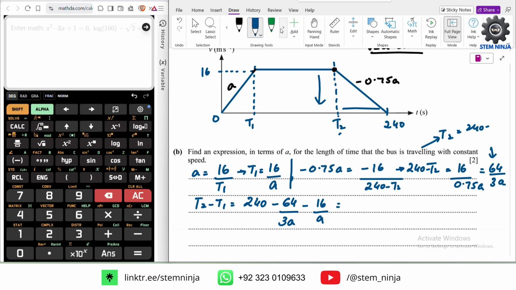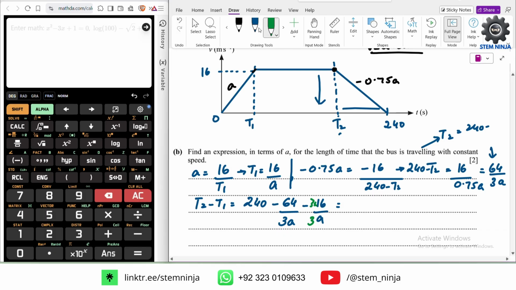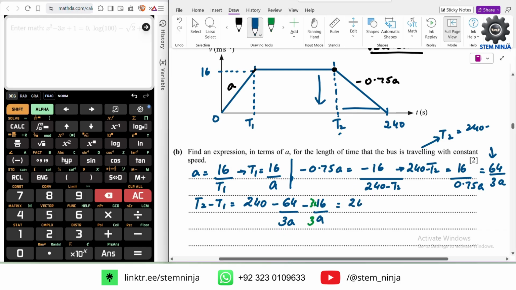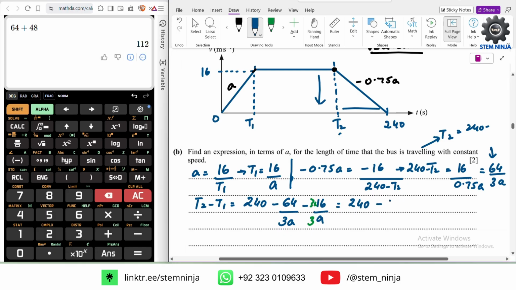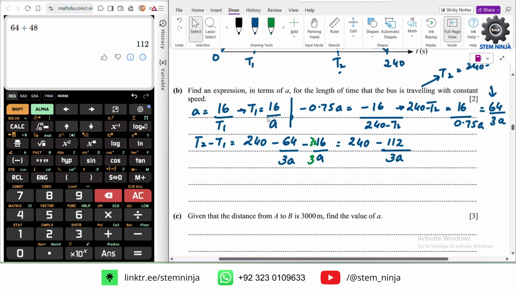So we can multiply by 3: 64 minus 48, no, 64 plus 48, because minus minus, is 112 over 3a. So this is the time duration during the constant speed phase.